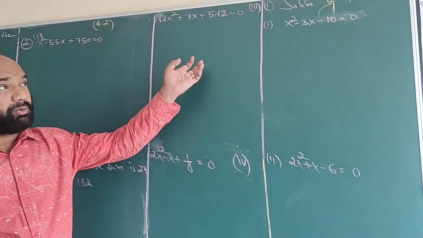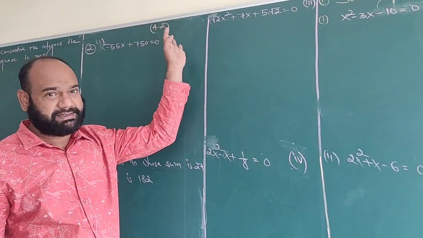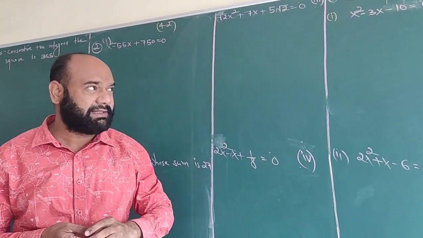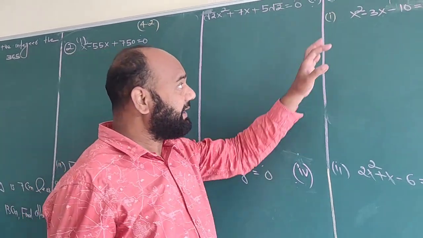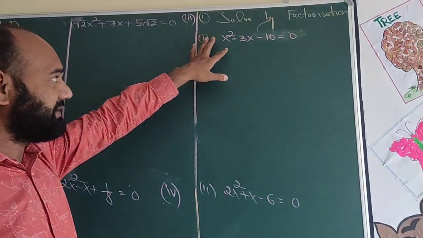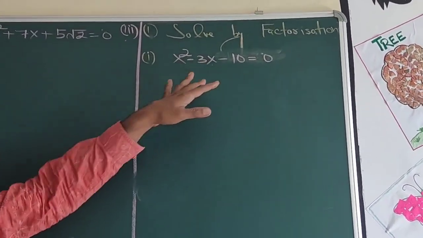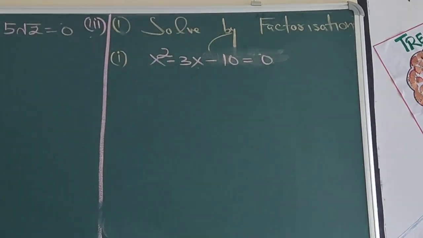Good morning students, today we will start the second exercise of the 4th chapter of 10th class, quadratic equations, and the first question of this exercise is: solve the following equation by the method of factorization.